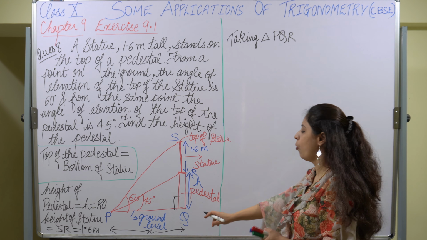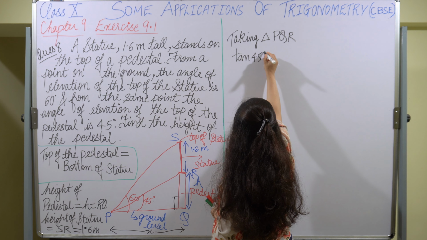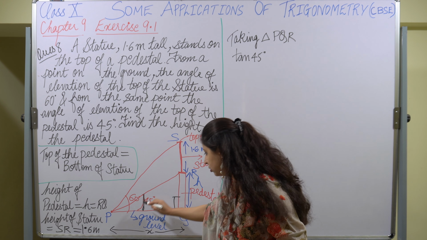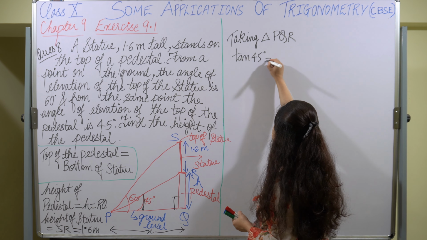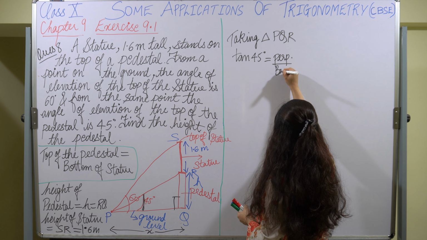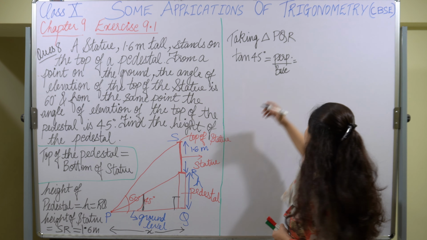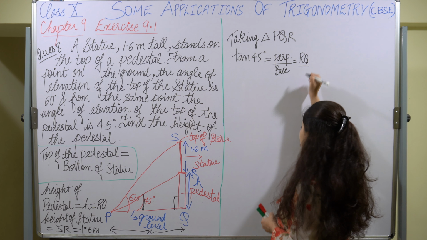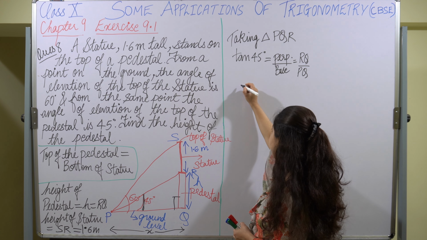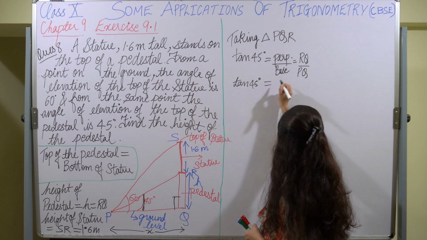So taking triangle PQR, tan 45 degrees, 45 degrees is this angle, will be equal to perpendicular upon base. The perpendicular is RQ, upon base, the base is PQ. So tan 45 degrees will be equal to RQ.